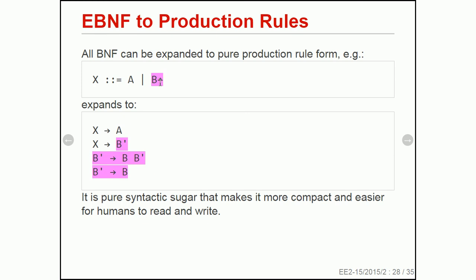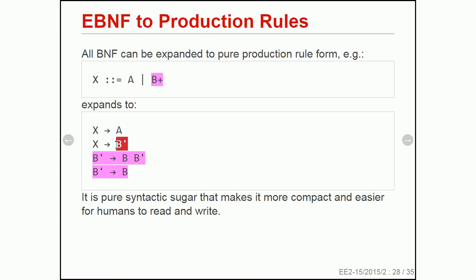it's slightly more complicated, and something that's different here is we've had to introduce a new non-terminal. So by going from the EBNF version, we've had to actually expand the grammar slightly to accommodate this syntactic sugar. But this b prime here is actually the same as b plus.